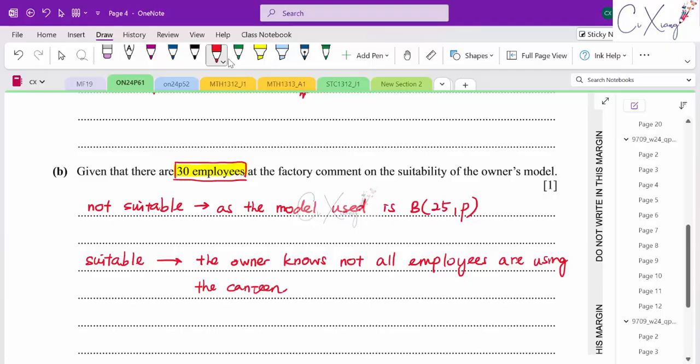For this question, no matter whether you put not suitable or suitable, they are all correct answers. But when you are writing out the answer here, you have to tell them a very valid reason. So don't write out both answers here. You can choose either one to write out. So this is how we solve question number 3.